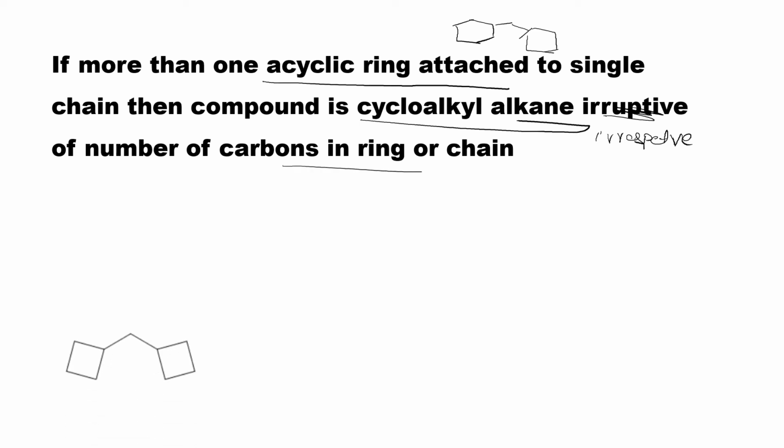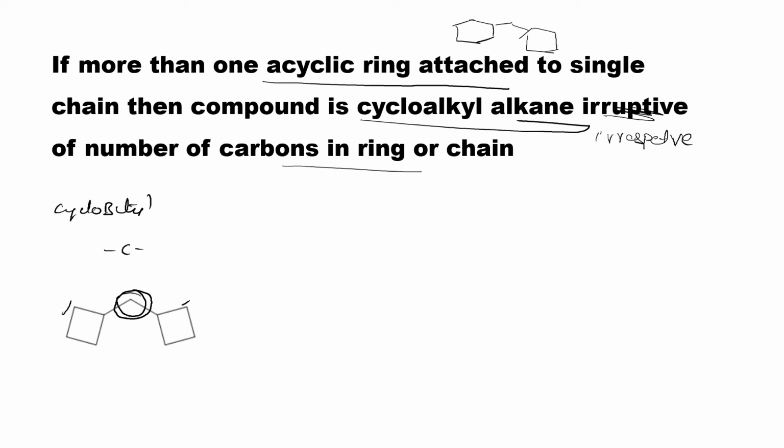So for example, here these are the cyclobutyl rings, but they are attached to a single carbon atom, that is nothing but methane. So let us write this as H H, here a cyclobutane ring, here one more cyclobutane ring.